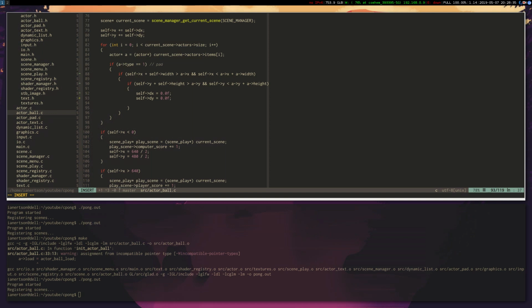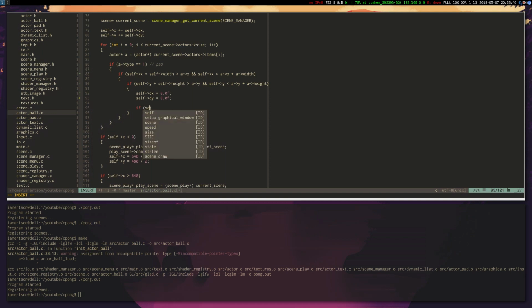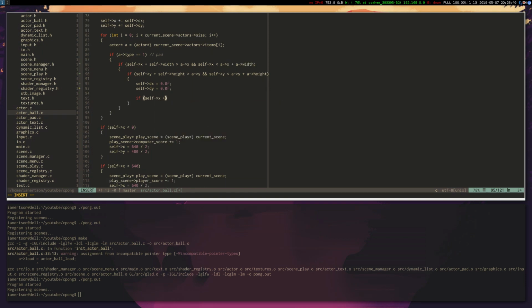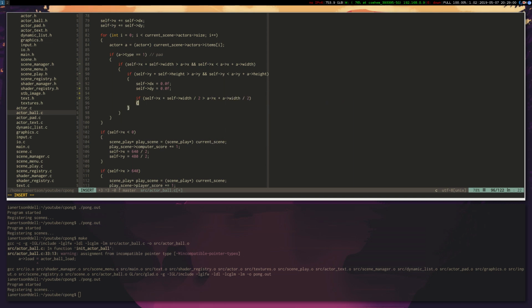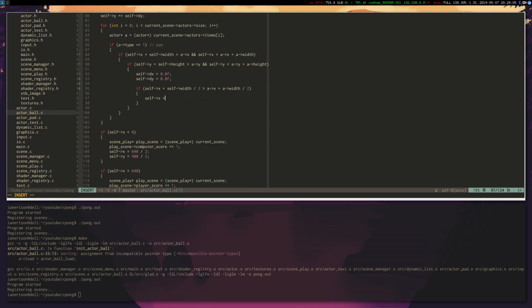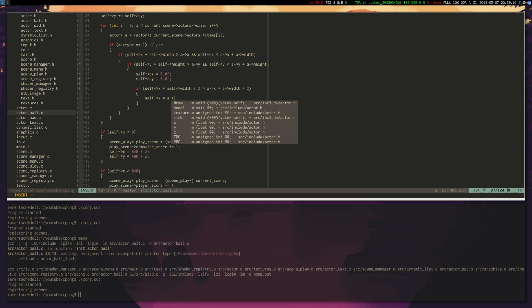And let's also do, we're gonna add a little correction here. So if self x plus self width divided by 2, so if our middle point is larger than the pad's middle point, then self x is equal to ax.